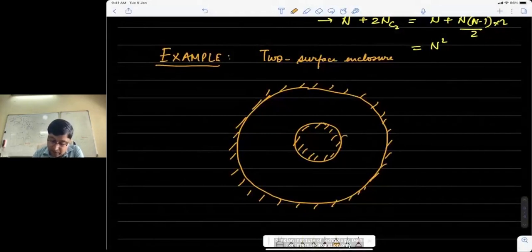So let's say this is surface 1, its area is A1. This is surface 2, its area is A2. So we can say 1 and 2.